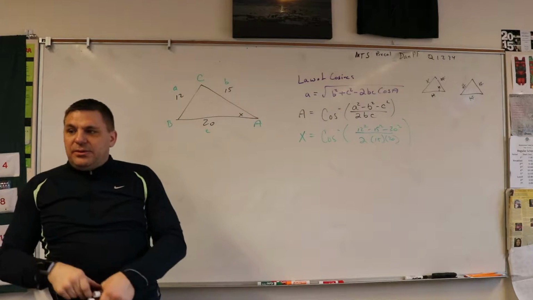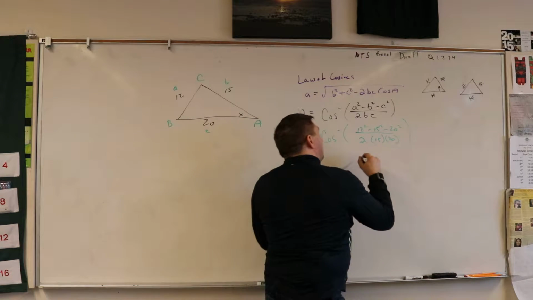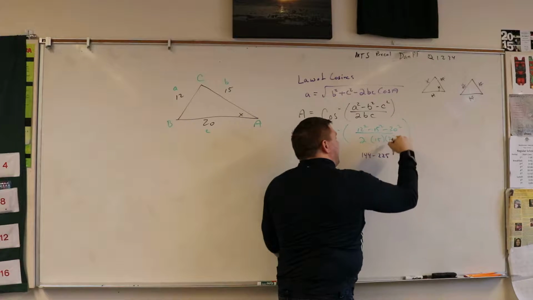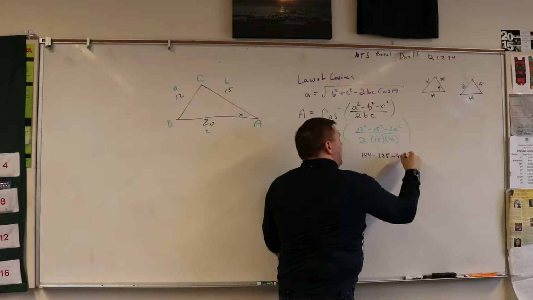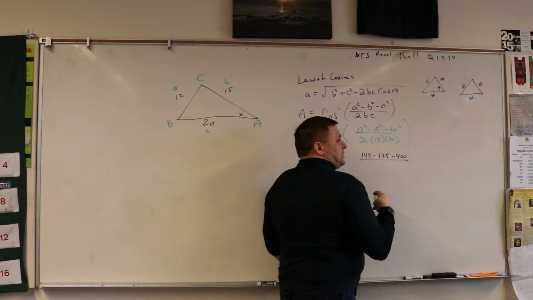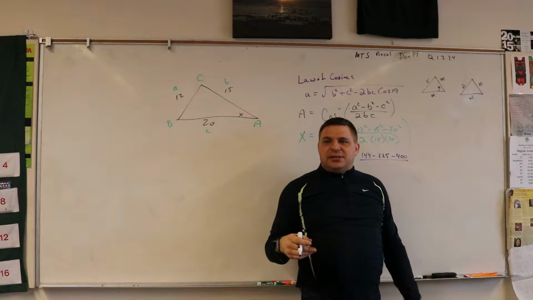We just start doing the math. 12 squared is 144. Minus 15 squared, that's 225. Minus 20 squared, that's 400. All over 2 times 15 is 30, and 30 times 20 is 600.